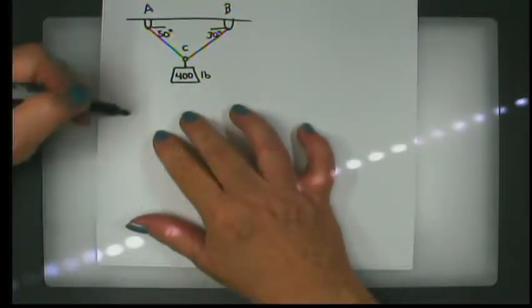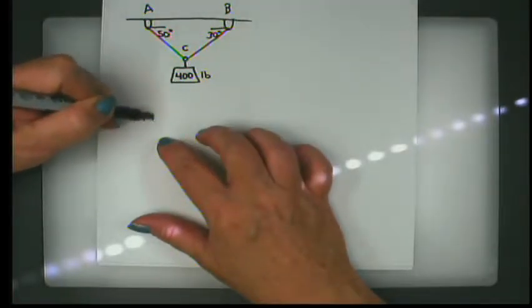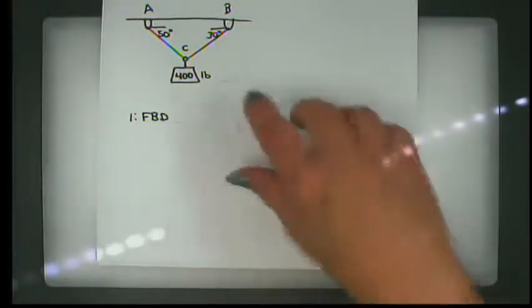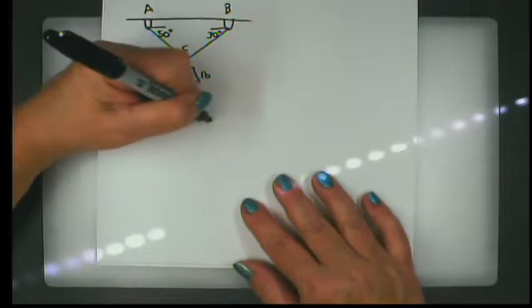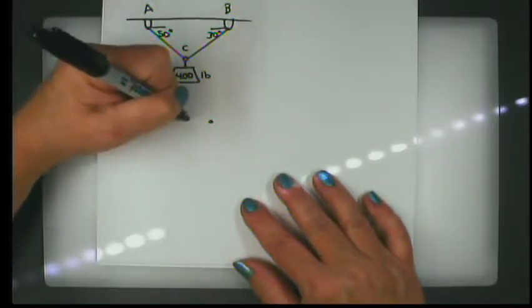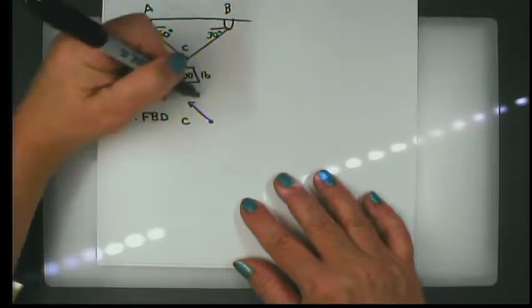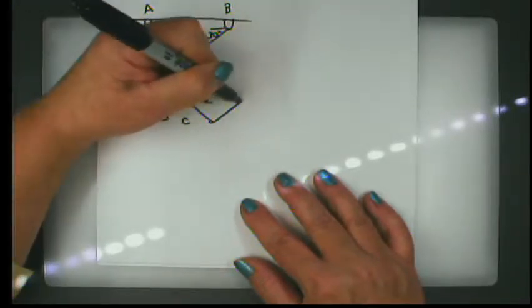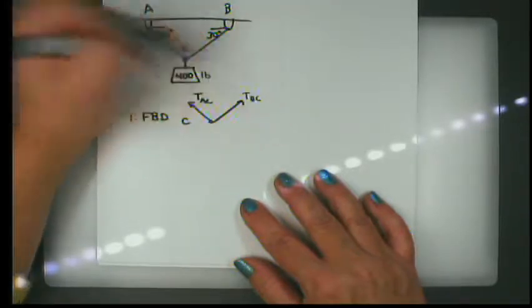So the first thing I want to do is to draw a free body diagram. And the free body diagram that I would like to draw is just acting on point C. The reason for that is that then we have a tension in AC pulling up and to the left, a tension in BC pulling up and to the right.